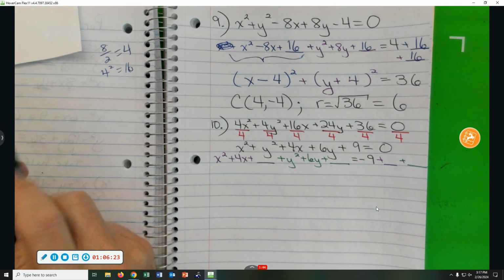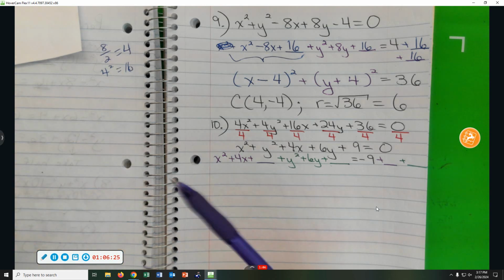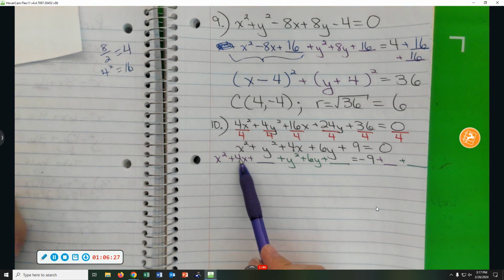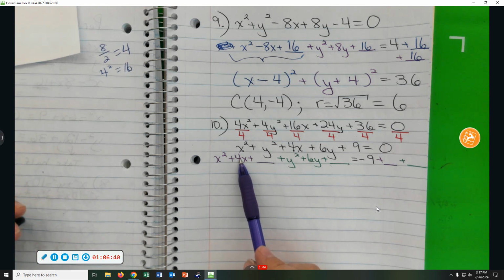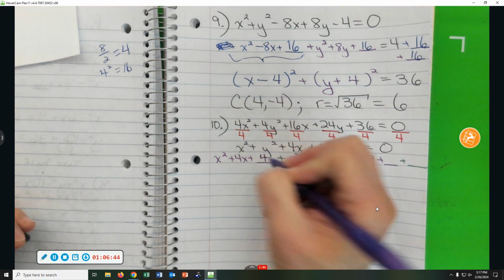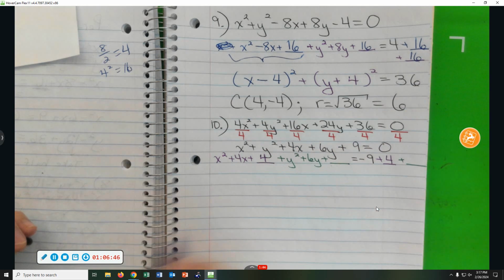What's going to go in the purple blank? You take this 4, you take half of 4. 4 divided by 4 is? No, half of 4. 4 divided by 2. 4 divided by 2 is? Oh, 4 divided by 2 is 2, and then 2 squared is 4, so we put 4 in the purple blanks.